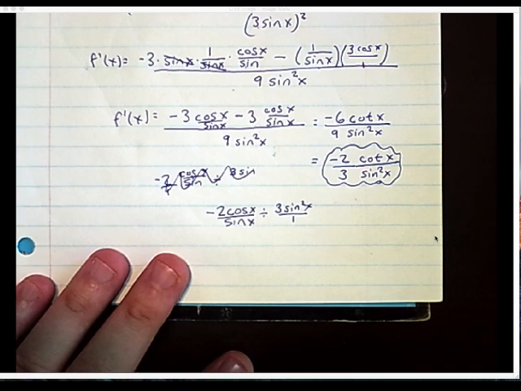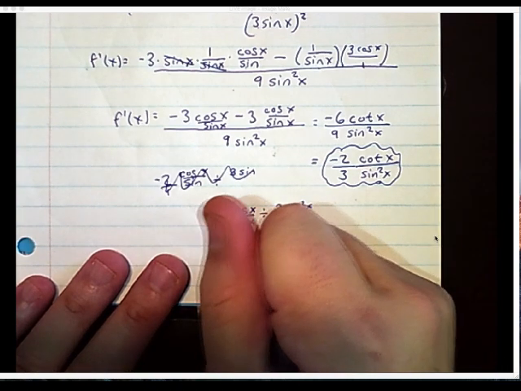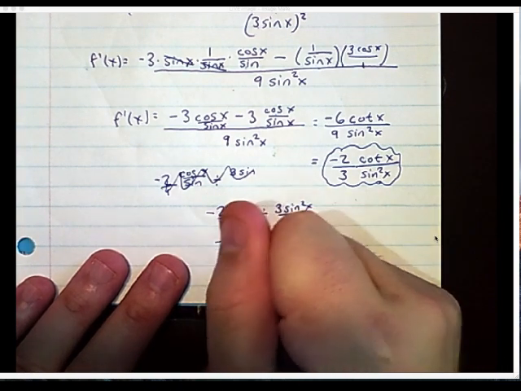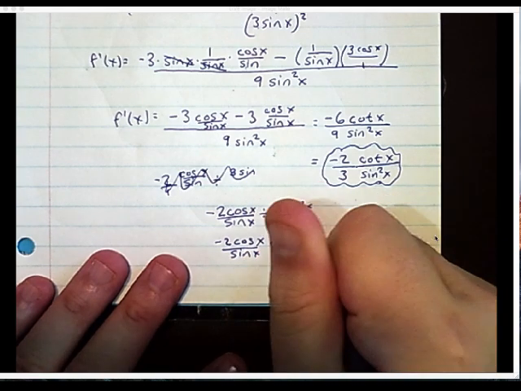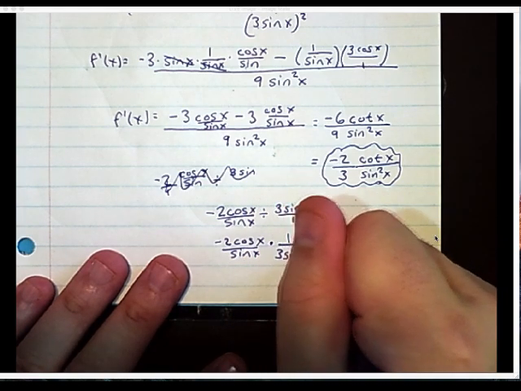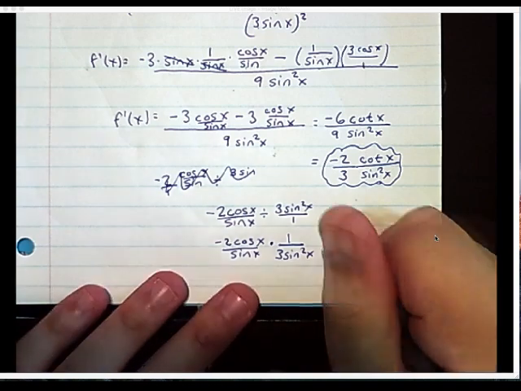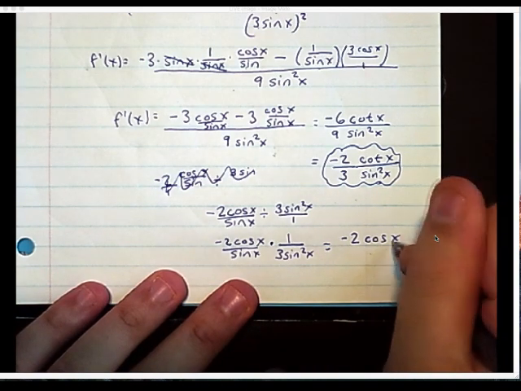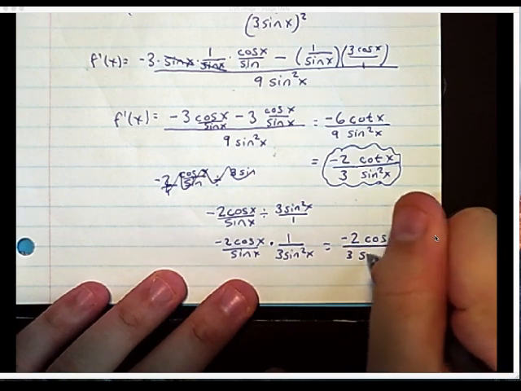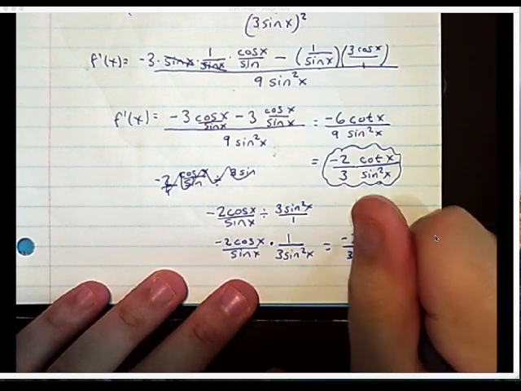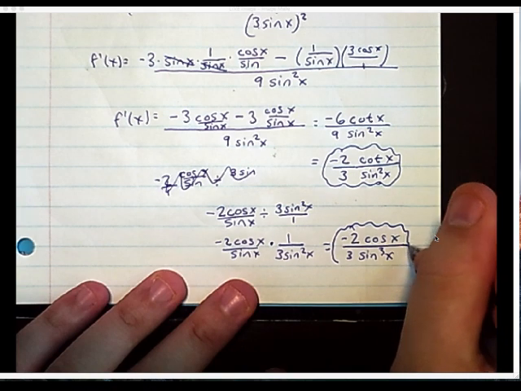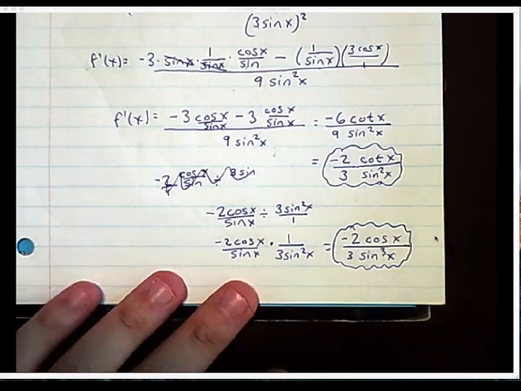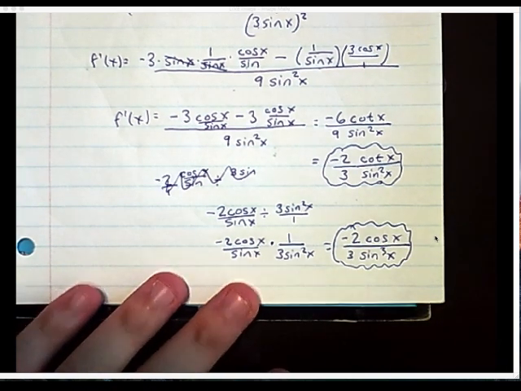Okay. What does that do? We keep the first fraction the same, change division to multiplication, and flip the other one. Okay, and you actually get an answer like this. Negative 2 cosine of x over 3 sine cubed of x. So you could write that as the answer.